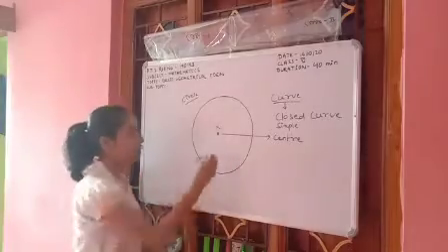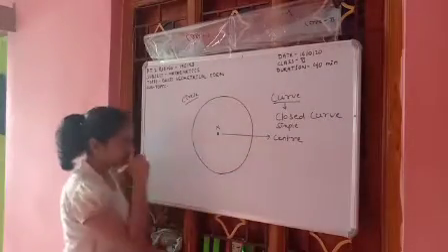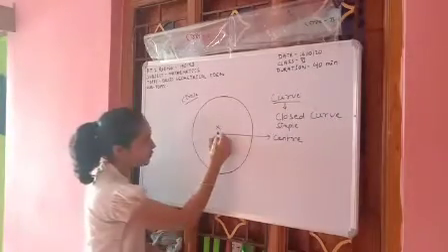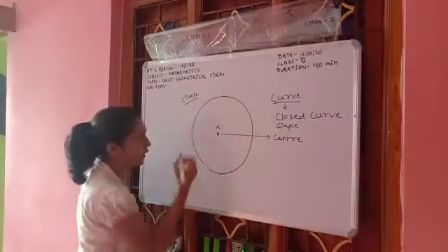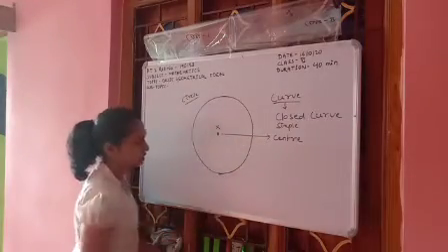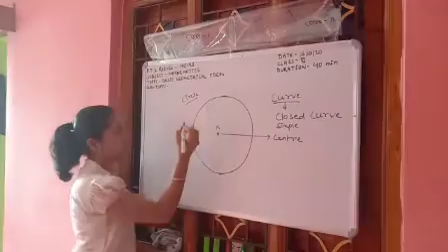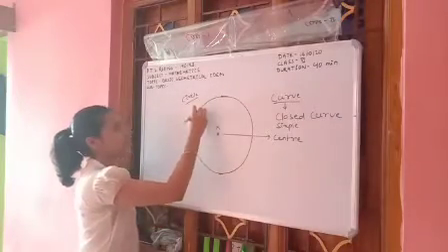Then draw the line segments from this center to any point on the circle.